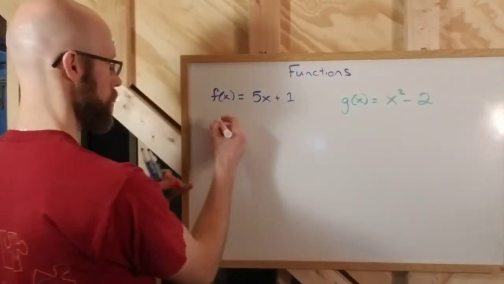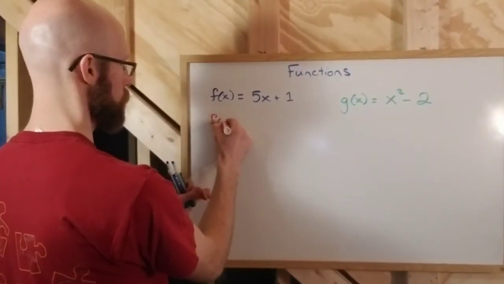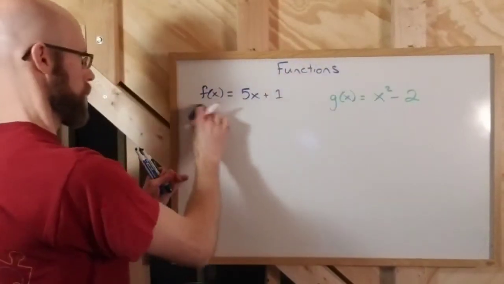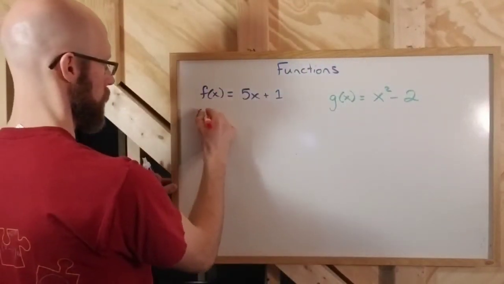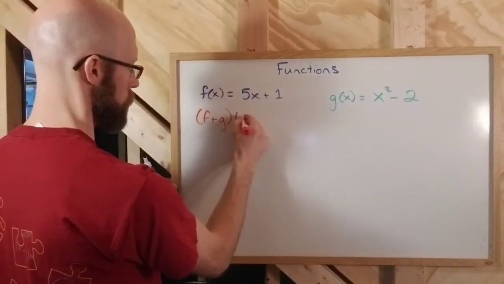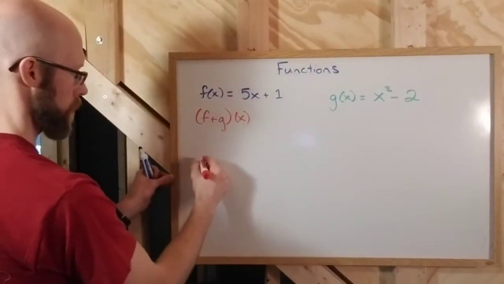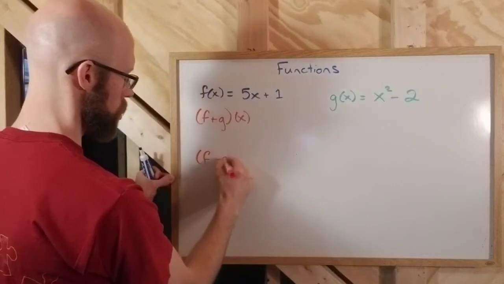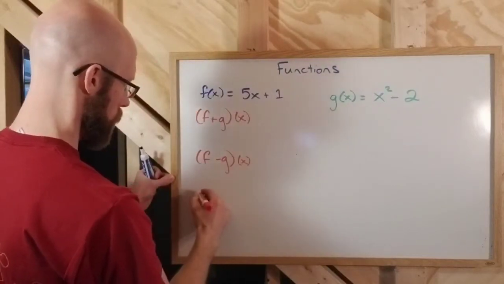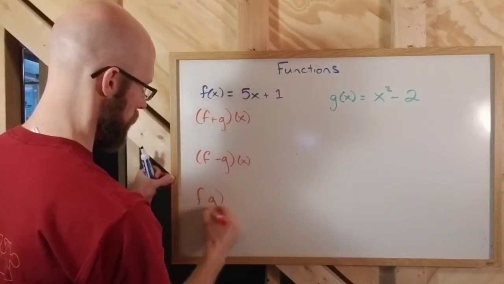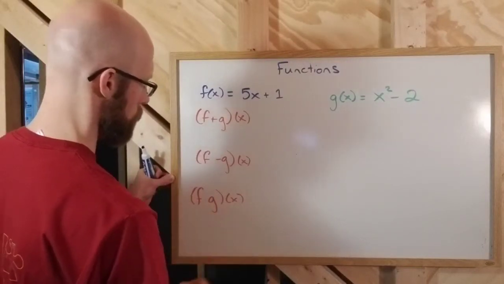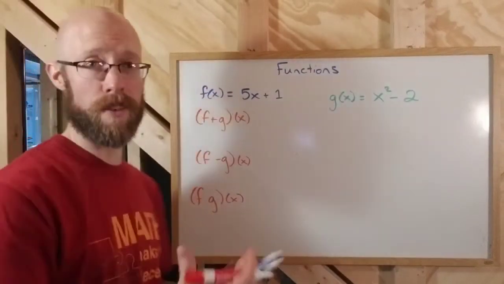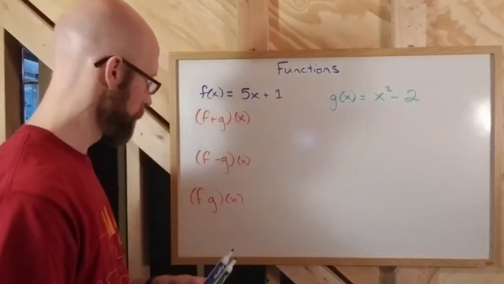Again, we could look at f plus g of x. We could look at f minus g of x. We could do f times g of x. Or we could do, and I'm running out of room, maybe I'll do this later, f divided by g of x. I'll come back to that one.